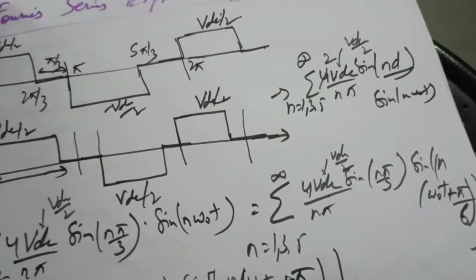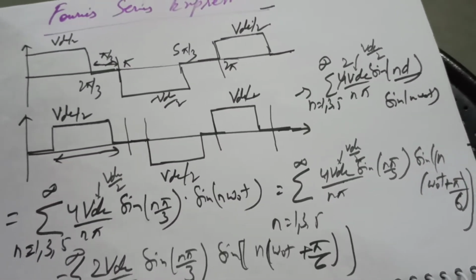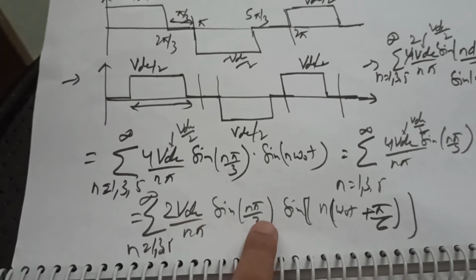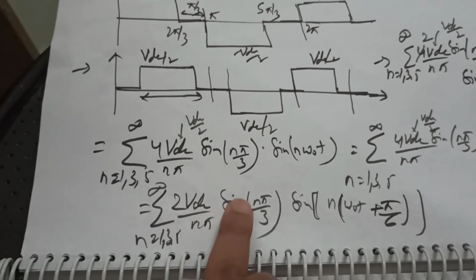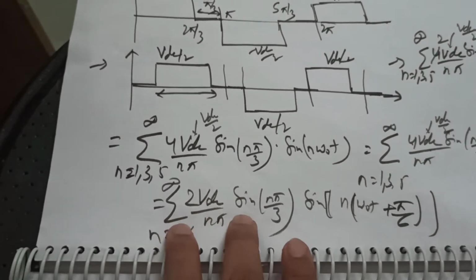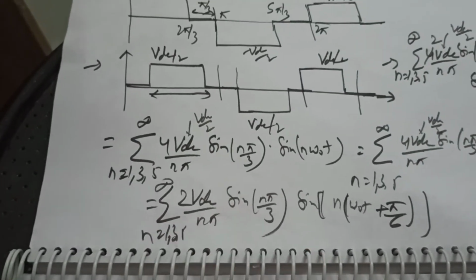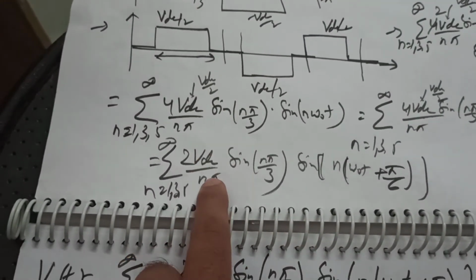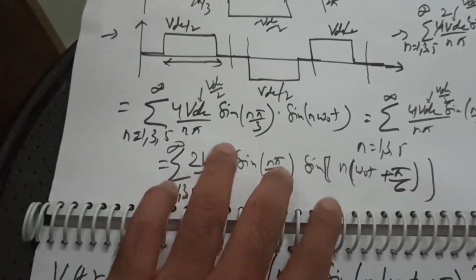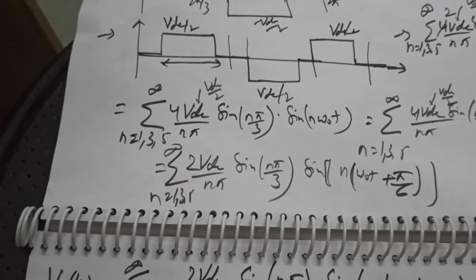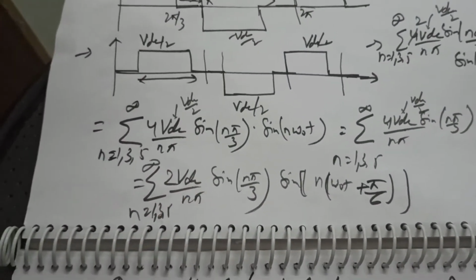So when you evaluate this term, sin n pi by 3, we will get the value of the fundamental voltage. The RMS value of the fundamental will be 2 VDC by pi sin pi by 3. This will be the fundamental voltage. Clear? And this is valid.